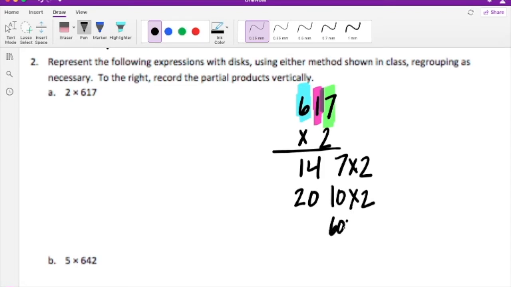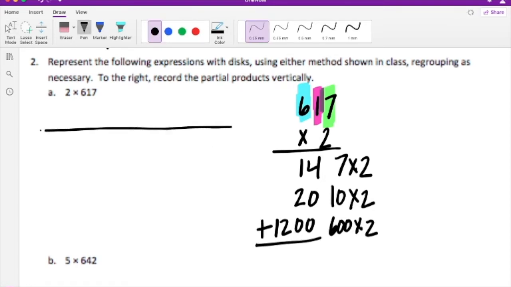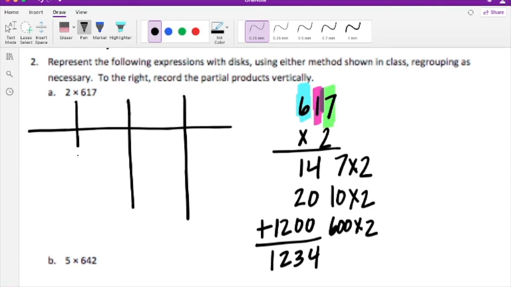That's 600 times 2, which is 1,200. We would add all that together. Now, let's check that. Well, let's add it first. So we have 4, 3, 2, 1. 1,234, right? Okay.